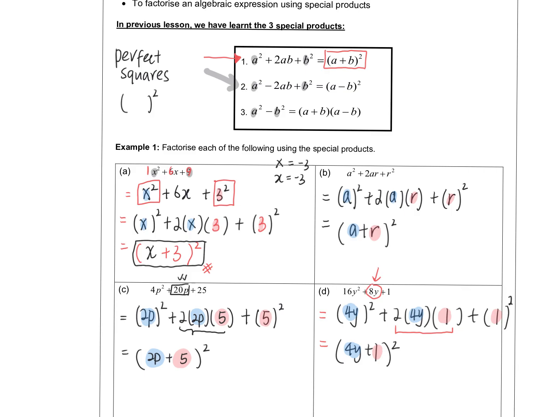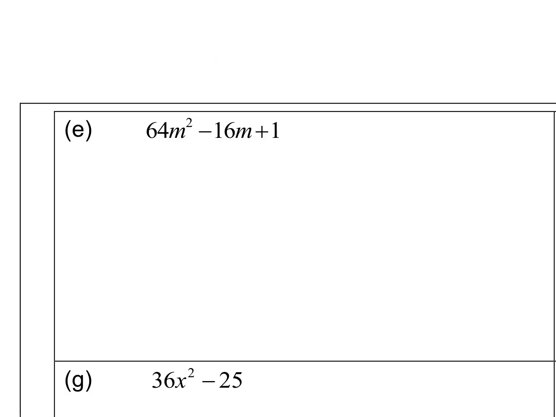Okay, class 10. We have rules. One is the positive one. One is the negative one.